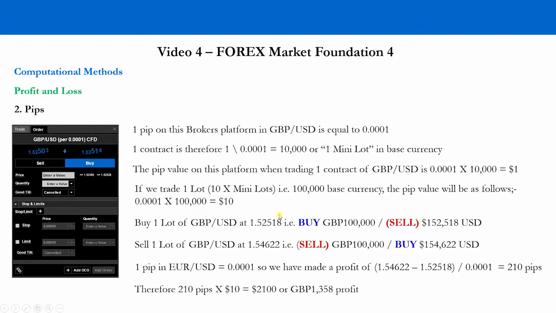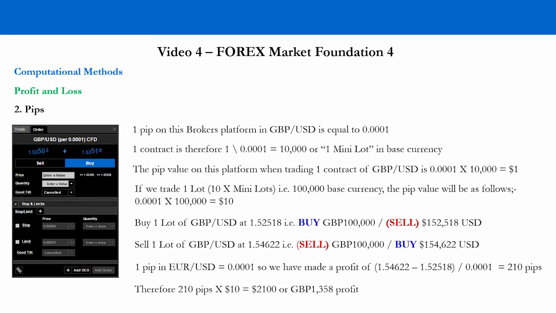Let's look at an example. So here we've got the example of sterling US dollar, where 1 pip on this broker's platform in sterling dollar is equivalent to 0.0001. So you can see it here quoted on the screen.